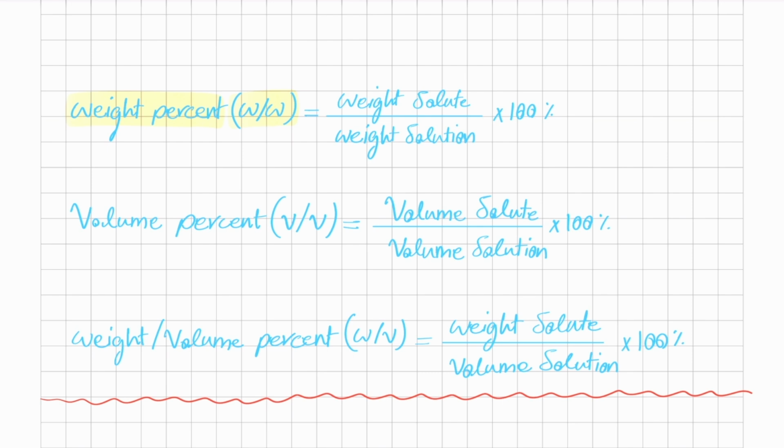The next one is volume percent, which can be illustrated using V divided by V, and it means the volume of solute divided by the volume of solution times 100%. And the last definition would be weight volume percent, which can also be shown using W divided by V. It means the weight of the solute divided by the volume of the solution times 100%.